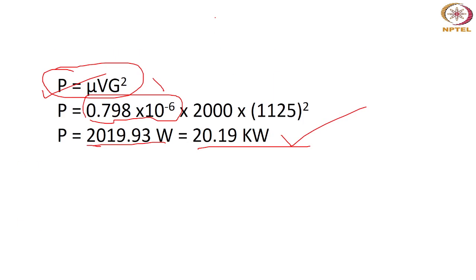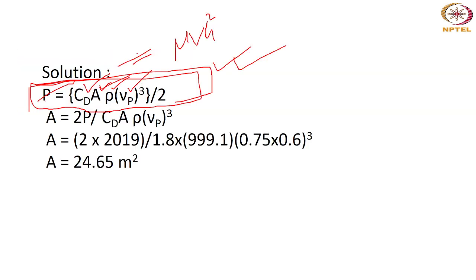P can be transferred into this. So that was my previous one. P can be written as mu V G square in this format, and in this you can take care of the coefficient of drag, area of the paddles, the density and the relative velocity.